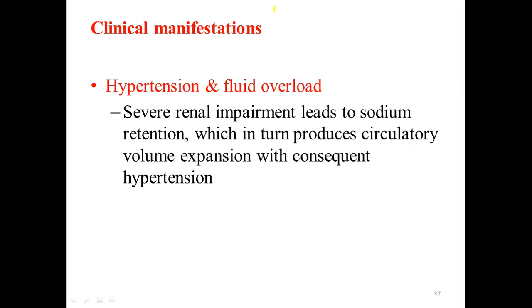This is due to sodium and water retention. So ultimately, the patient can even have anasarca, total swelling, like the whole body will be edematous. I don't know if you came across this kind of patient. It is very common in advanced stage of the disease.